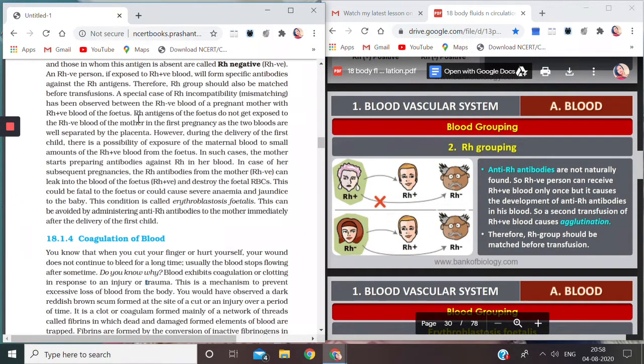So now when she gets the report that the mother is Rh negative, but the husband, or the father, is Rh positive, now she will enter the detail in the file, and she will write it down, because now 9 months are there.